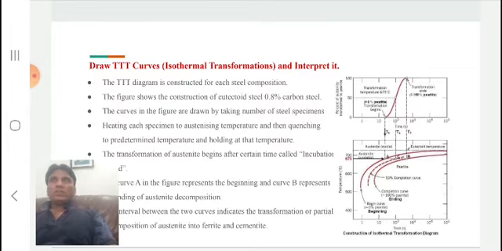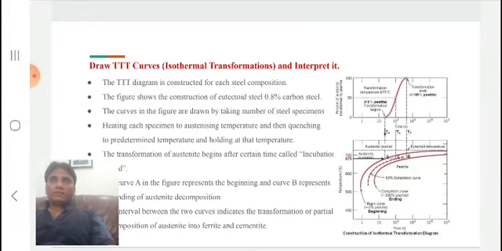Austenite transformation begins after some time, after the stability in its structure phase, and then it transforms into pearlite or whatever structure is required. So the transformation of austenite begins after a certain time, and that time is called the incubation period.